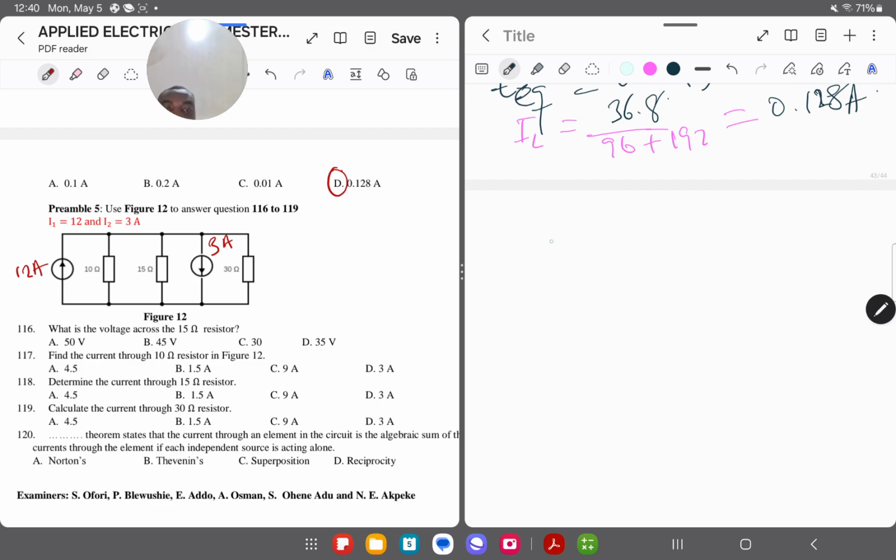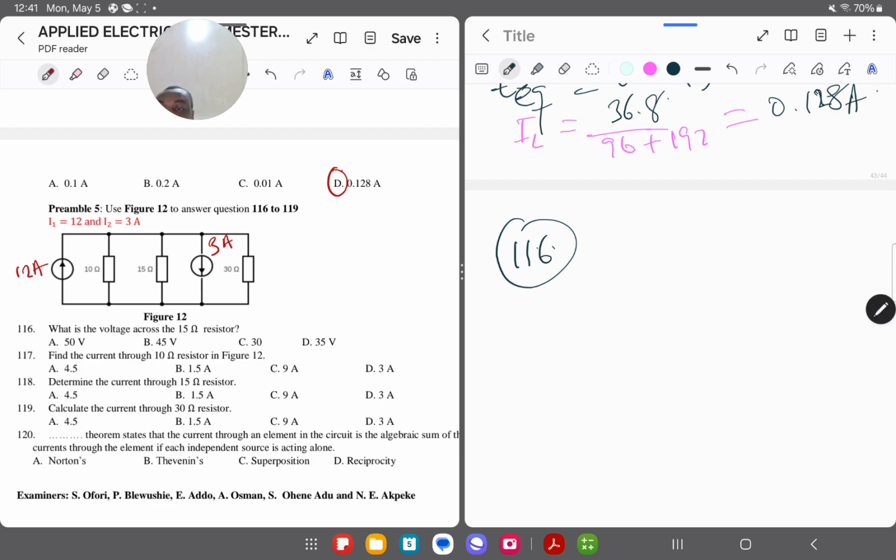Now question 116. What is the voltage across the 15 ohms resistor? So we are interested in the voltage across this. You can see we have 2 currents, and they are in parallel with each other, and then we have these 3 resistors being in parallel as well. So we can simplify this because the currents are in parallel.